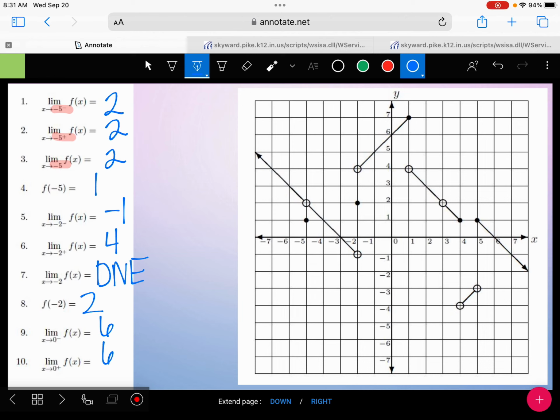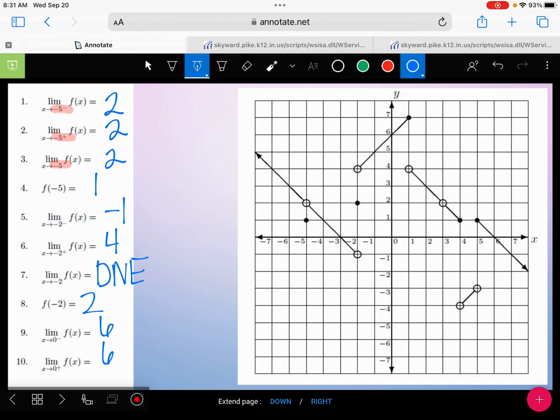So just 1 through 10 for right now. Are we going to talk about the true or false in the whole? Can you read it to me? Yeah, so that's saying, do you have a discontinuity between those intervals?